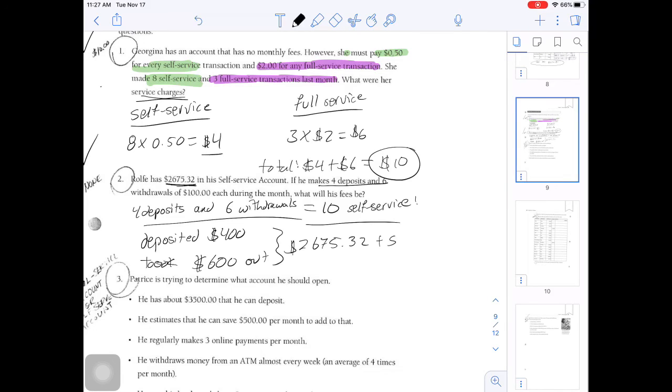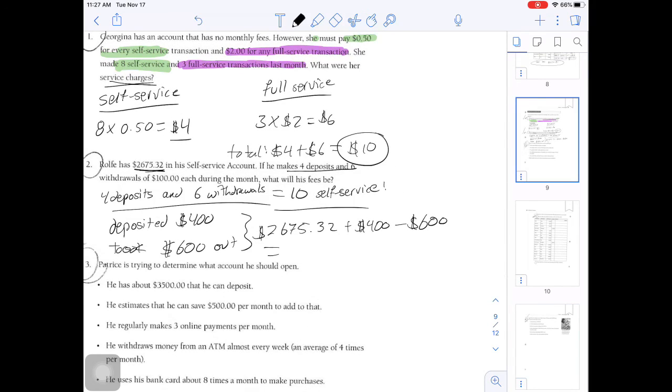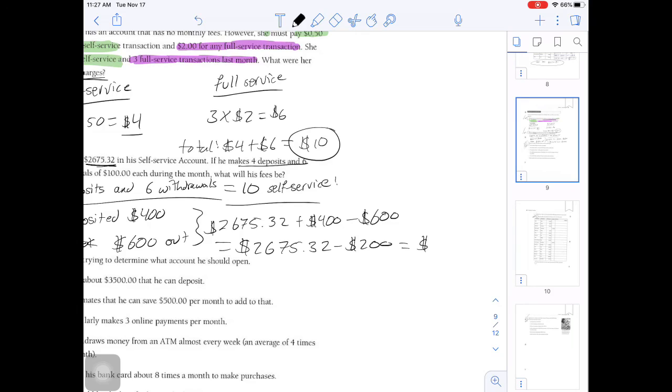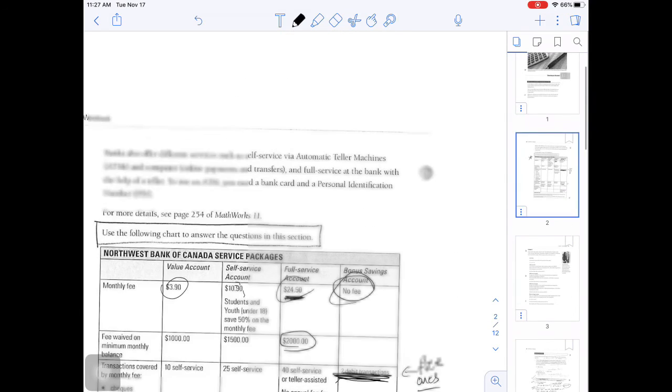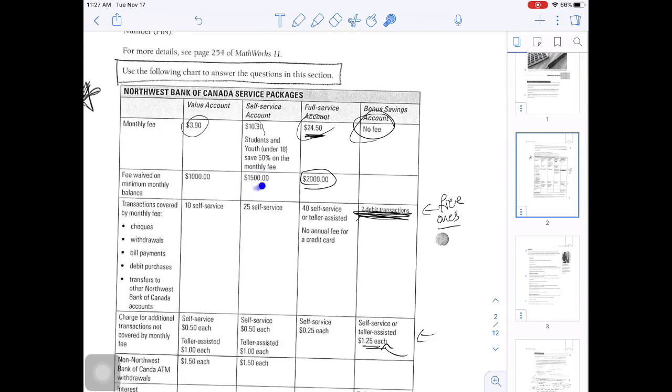He added $400 to it, but took away $600. So let's see if he remains over that $1,500 threshold. So this is going to end up being $2,675.32 minus $200. And hopefully you can see here that that's going to equal $2,475.32, and this is way above $1,500. So since it's above $1,500, his monthly fee is waived.